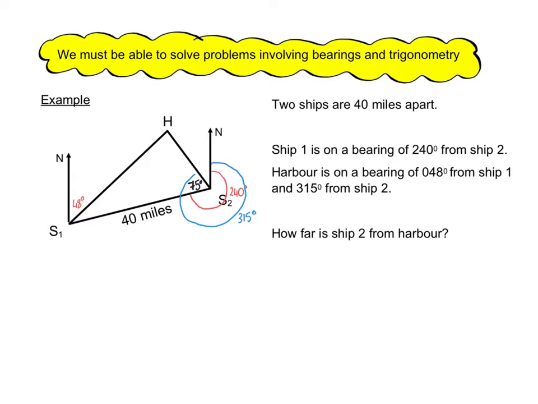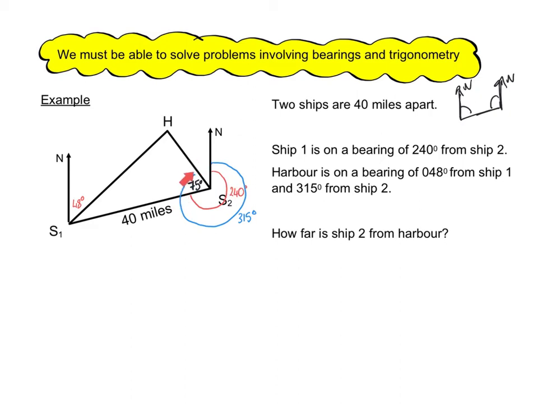One of the angle rules that we looked at and said was quite important was the idea of co-interior angles. If you remember back, and I'll just draw it up at the top right here, this idea that if I have two north lines and they are joined by a straight line, then the two angles in here should always add to 180 degrees. Now looking at this, if I know that I have 240 degrees round to here, then what's the angle from there round to here going to be?